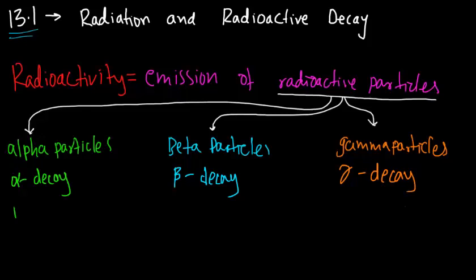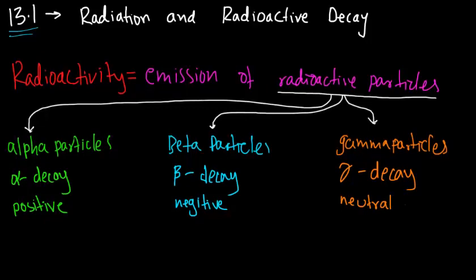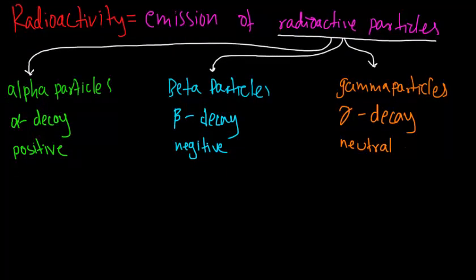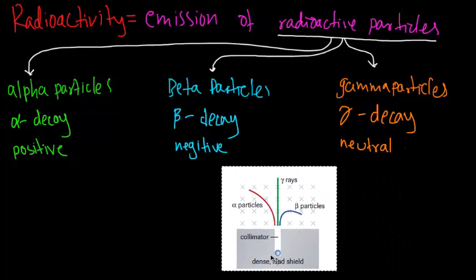Alpha particles have a positive charge, beta particles have a negative charge, and the gamma particles are neutral. To determine the charges on the alpha, beta, and gamma particles, Rutherford and his colleagues devised an experiment. What they did was that they put a sample of radioactive uranium inside a dense lead shield, and they allowed the emission of particles to pass through a magnetic field.